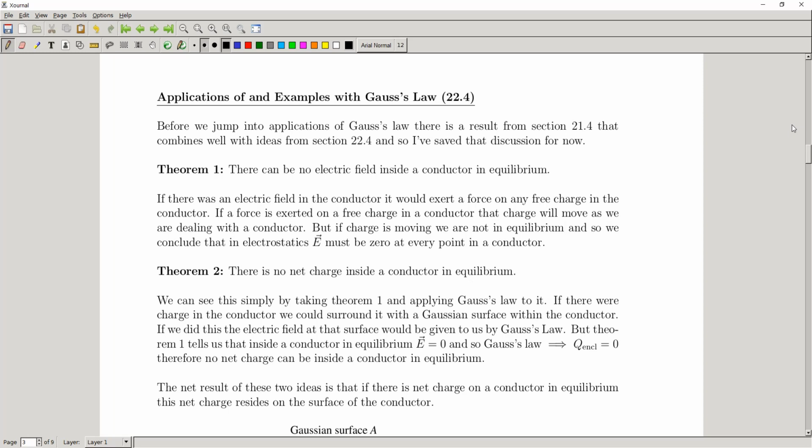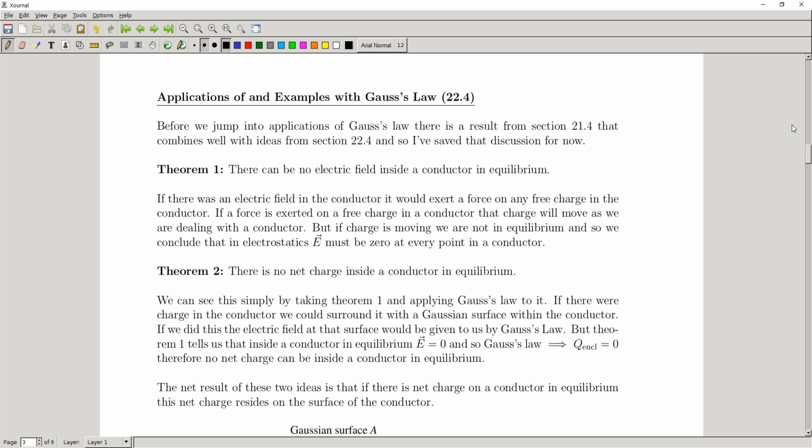Okay. Now, why is that? Because if there was an electric field inside the conductor, it would exert a force on any free charge in that conductor. And if there's a free charge inside a conductor with a force being exerted on it, because we're in a conductor, this free charge is free to move. But if the charge is moving, then we're not in equilibrium.